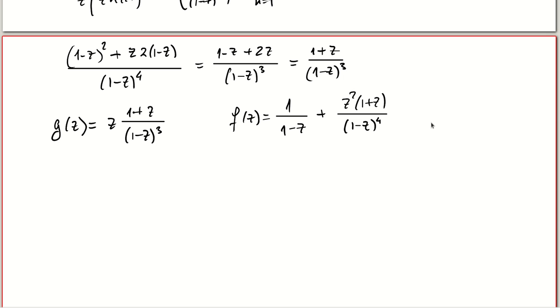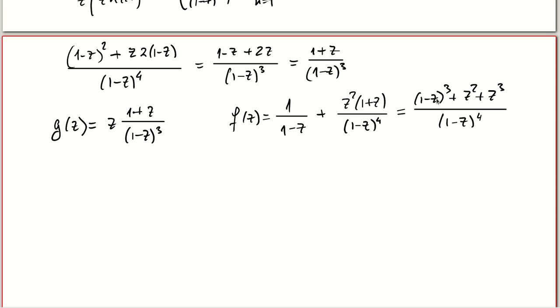But expanding this function requires transforming this into elementary fractions. Well, let me first, because I think it's going to be easier, reduce this to just a common fraction, by multiplying here by (1 − z)^3. So we have (1 − z)^3 + z^2 + z^3, divided by (1 − z)^4. This is a common denominator.